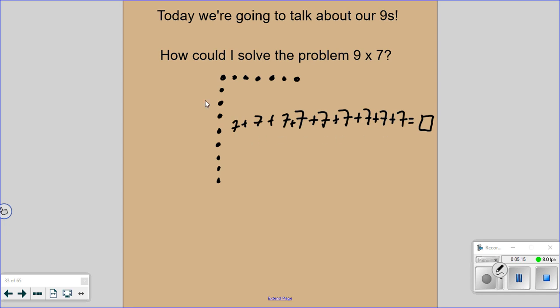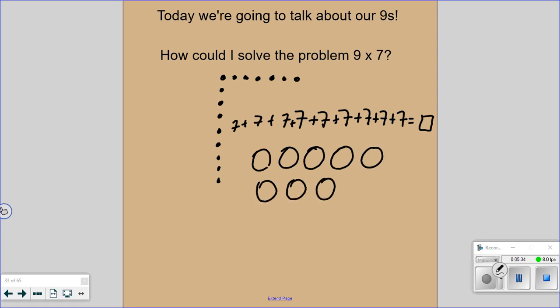Okay. Is there a different way to do it other than addition? Are you grouping them like what Mason was saying? Avery, what do you think? You could draw nine circles. 9 circles, and put 7 in each one. All right. That looks like 9 groups of 7. Yep.